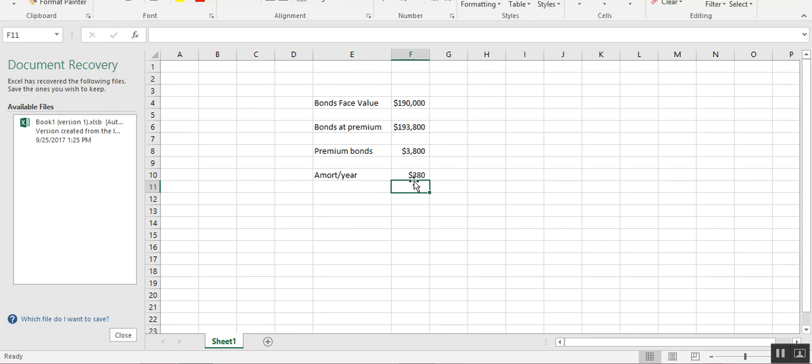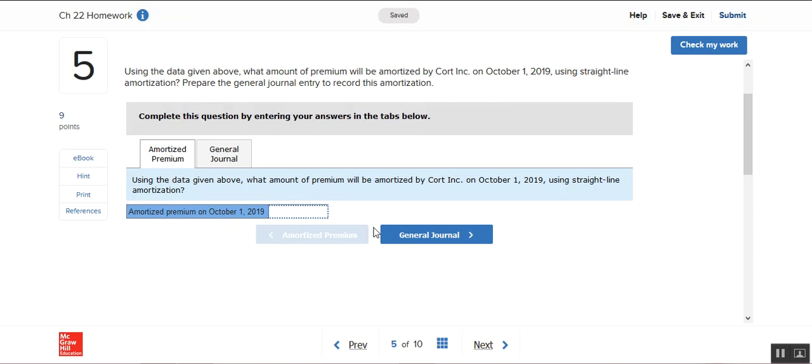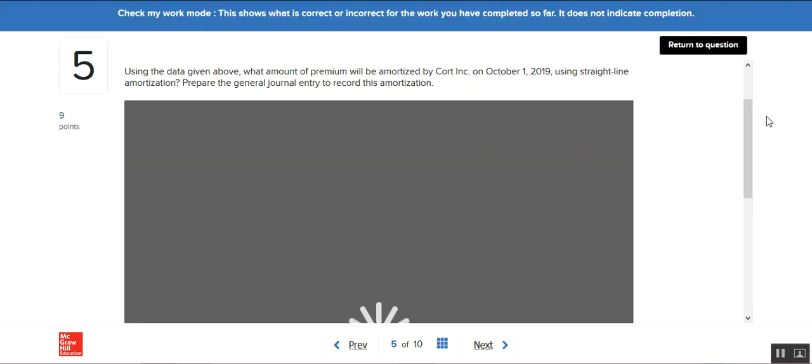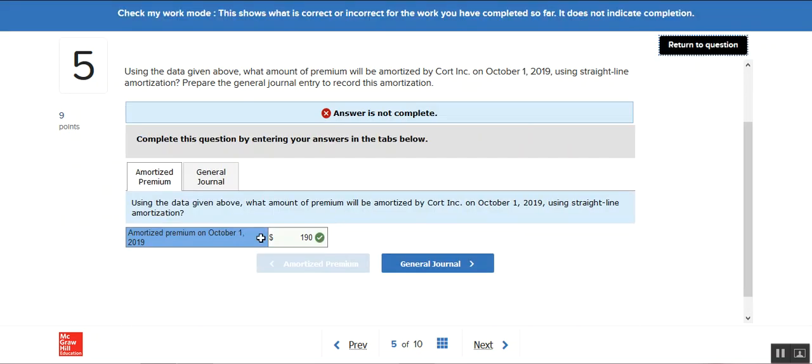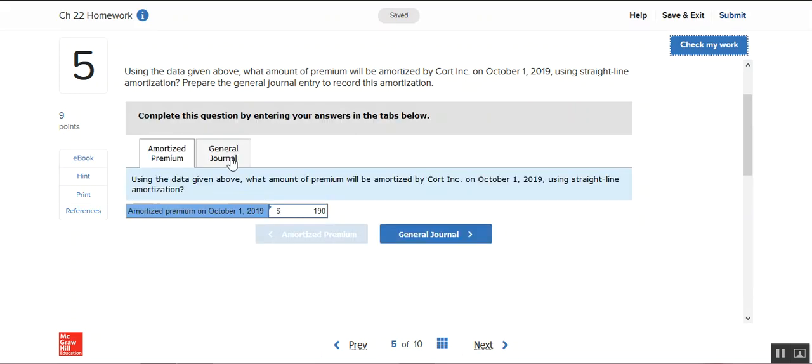So we'd have $380 for a year's worth of amortization, and we would just divide that by half to get 6 months, because we're looking at a 6-month entry. So the amortization of the premium for 6 months is $190. Let me make sure I did my math right. And it likes that, but it says it's not complete because we haven't done the second tab.